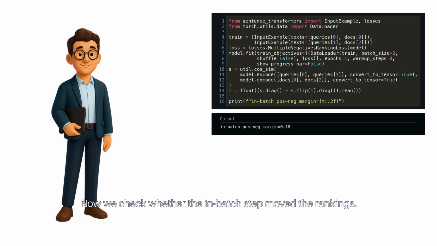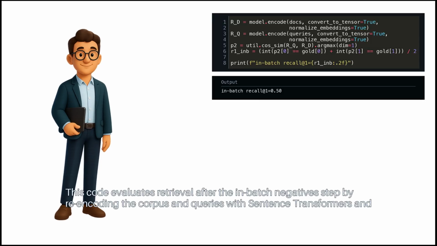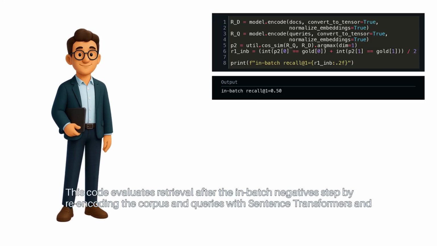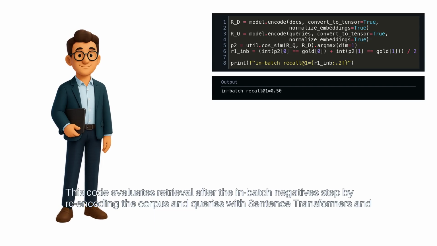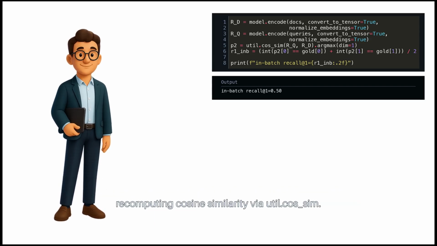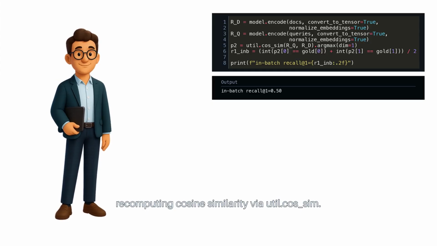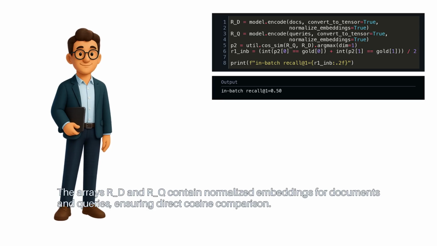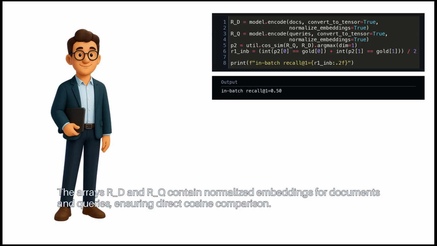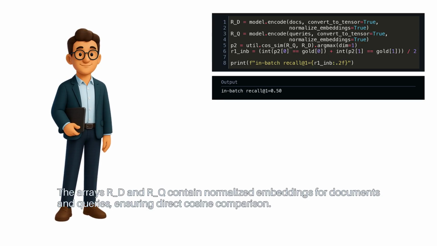Now, we check whether the in-batch step moved the rankings. This code evaluates retrieval after the in-batch negative step by re-encoding the corpus and queries with sentence transformers and recomputing cosine similarity via util.cos_sim. The arrays RD and RQ contain normalized embeddings for documents and queries, ensuring direct cosine comparison.